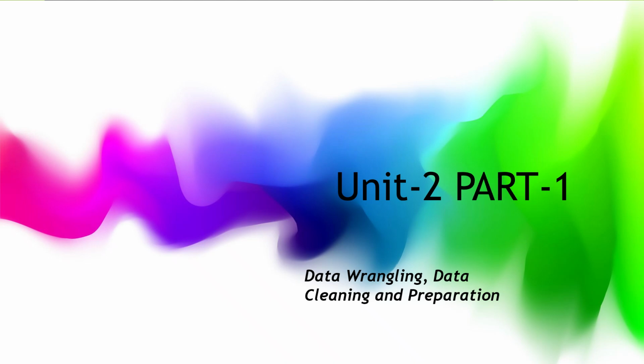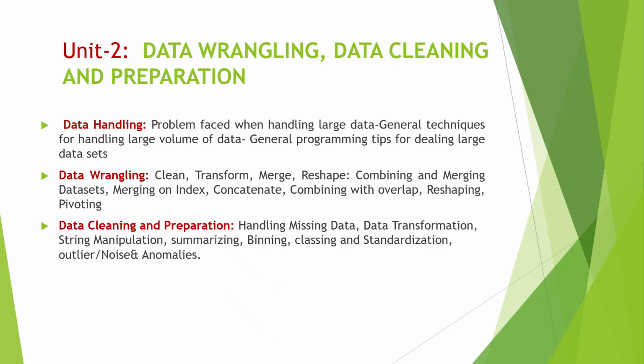Unit 2, Data Wrangling, Data Cleaning and Preparation, Part 1. In this unit, we focus on three important stages of data processing: data handling, data wrangling, and data cleaning. When dealing with large volumes of data, several challenges arise, such as memory limitations, slow processing speed, and difficulty in managing complex datasets.